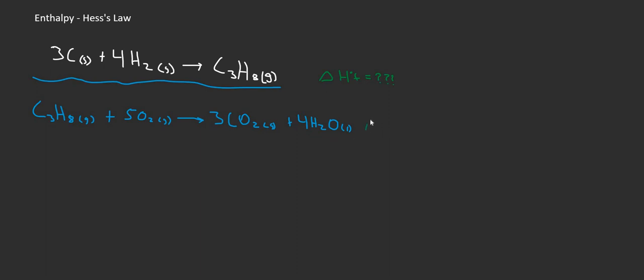And the delta H of this reaction is negative 2,219.9 kilojoules.